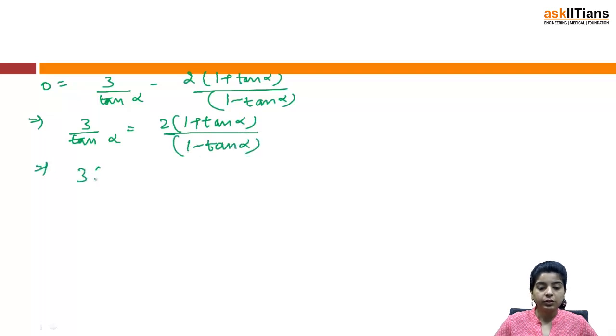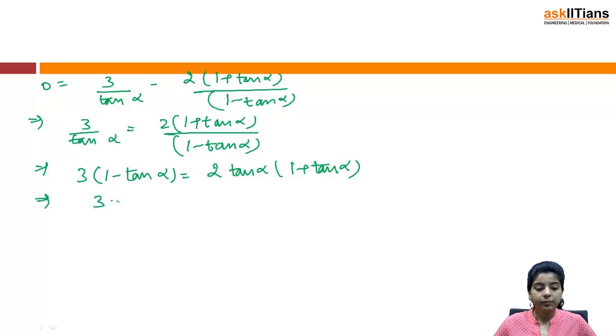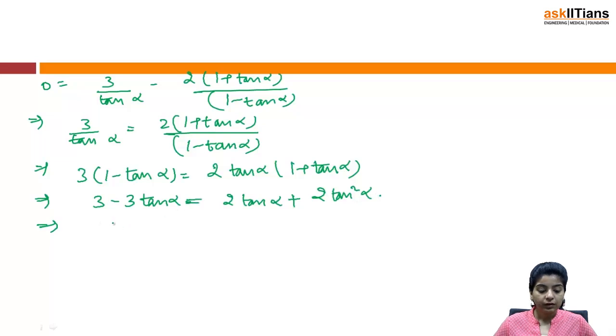This means 3 into (1 minus tan alpha) would be equal to 2 tan alpha (1 plus tan alpha). So this gives 3 minus 3 tan alpha is equal to 2 tan alpha plus 2 tan square alpha. So this gives me 2 tan square alpha plus 5 tan alpha minus 3 is equal to 0, right?